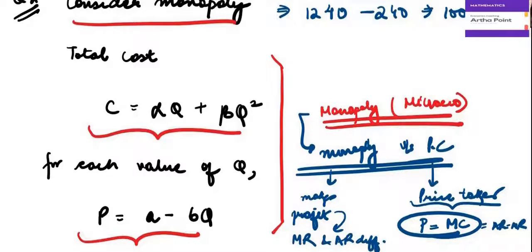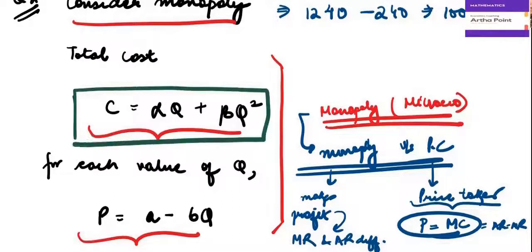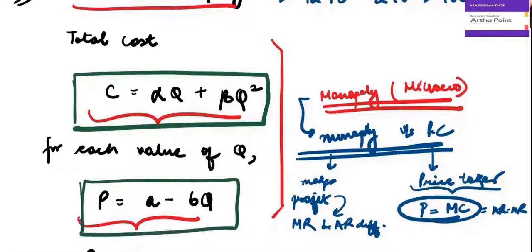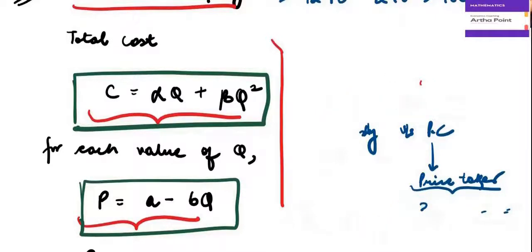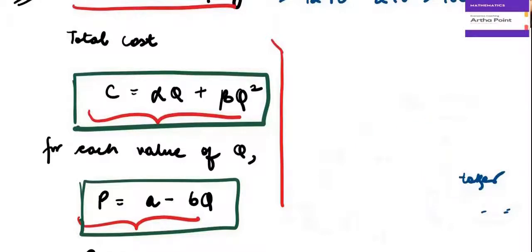But what is in there for us as part of maths is to notice that the cost functions that we end up drawing, irrespective of the kind of firms, are quadratic cost functions. So this is the cost function that is given to me. This is the price that is given to me. If I ask you what would be the equilibrium quantity, you will tell me that the equilibrium is attained such that you're maximizing your profit.